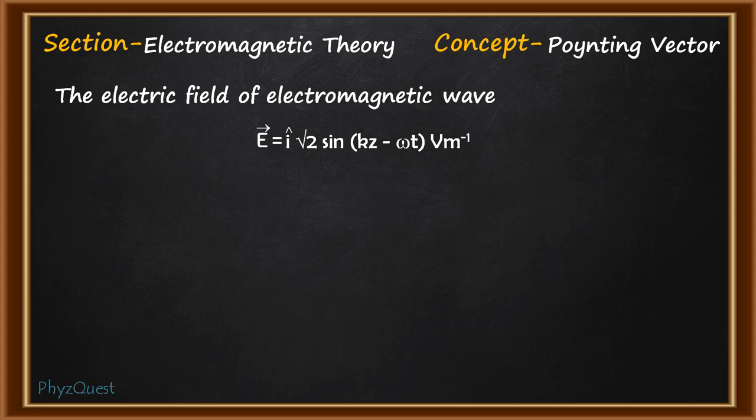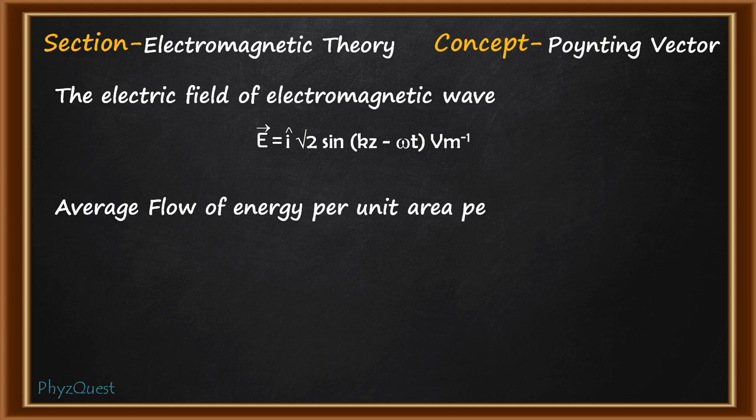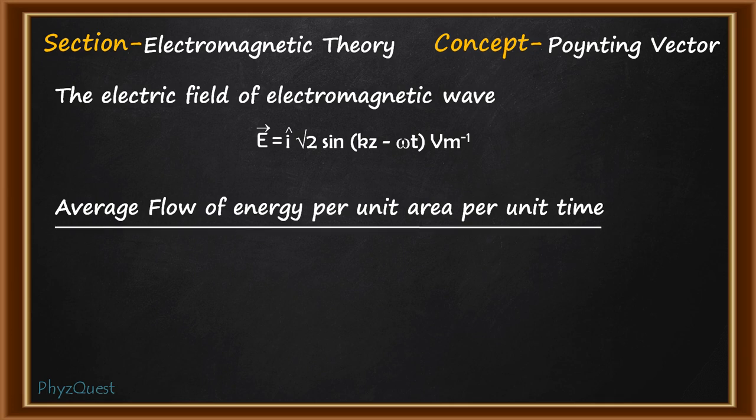We need to find the average flow of energy per unit area per unit time. First of all, understand what this average flow of energy per unit area per unit time is.